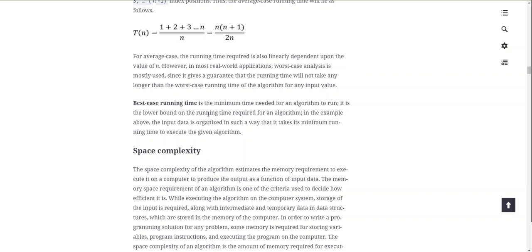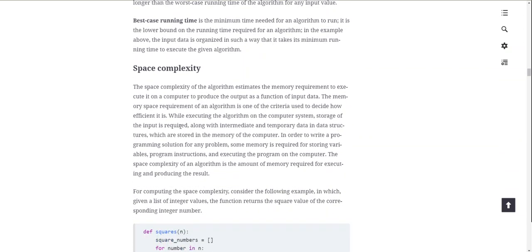So that's runtime complexity. Space complexity has to do with how much RAM we're using to perform what we're doing. So let's say that n is the length of a list. And I've got a list that is 100 in length.